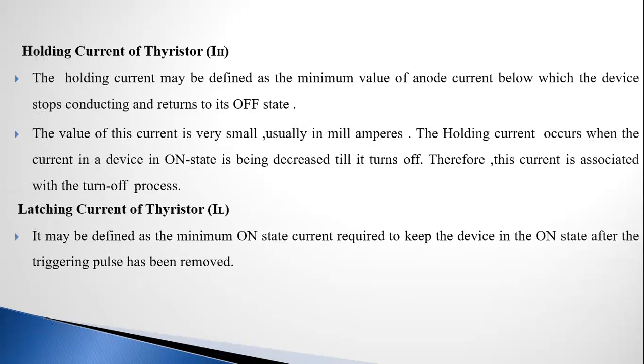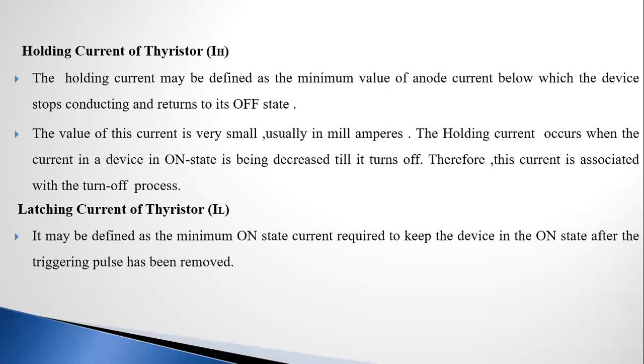Now this is the holding current. As we also know, the latching current and holding current concept in the VI characteristic is defined as follows. Holding current is defined as the minimum value of anode current below which the device stops conducting and turns to its off state.